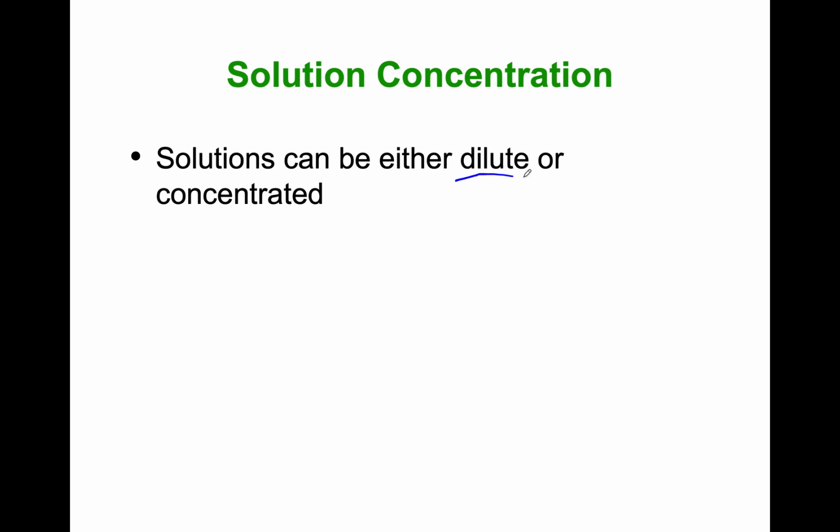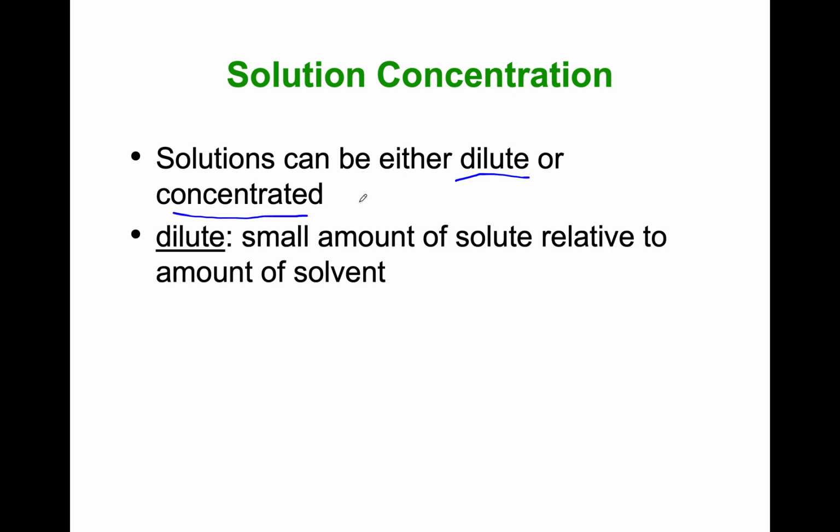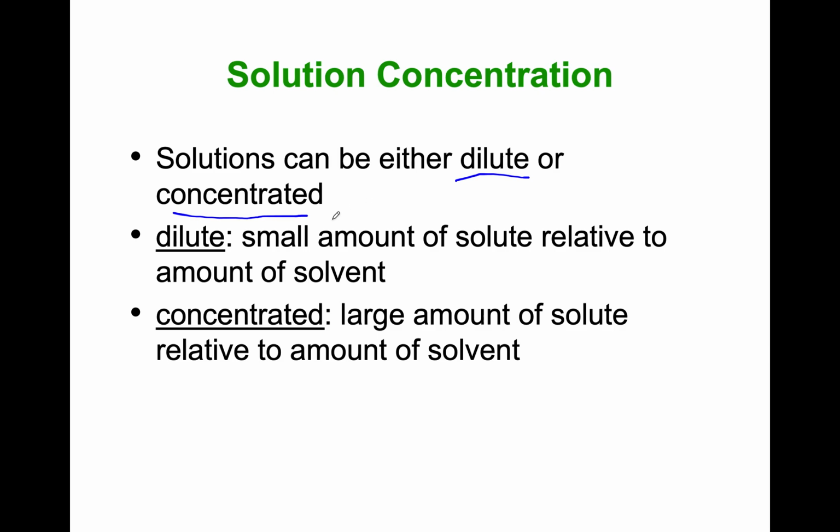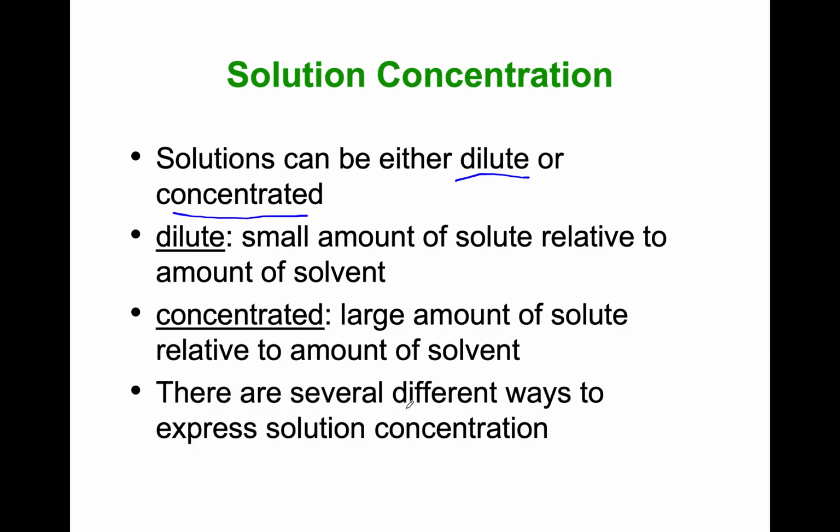So general terms, just mentioned dilute, concentrated, small amount, large amounts, but we want numbers now. What is the concentration? Maybe you've seen a water report. If you're in San Diego, you get a water report, and they'll tell you the concentration of contaminants in your water.